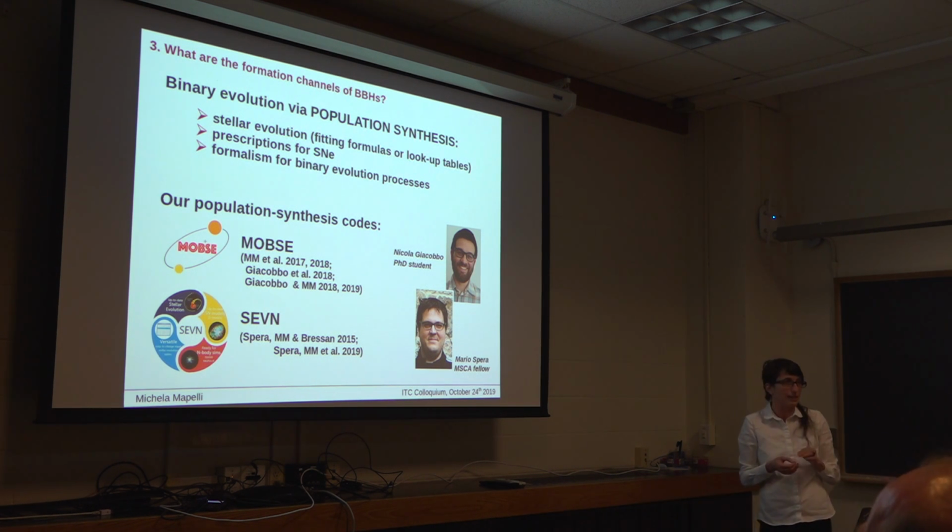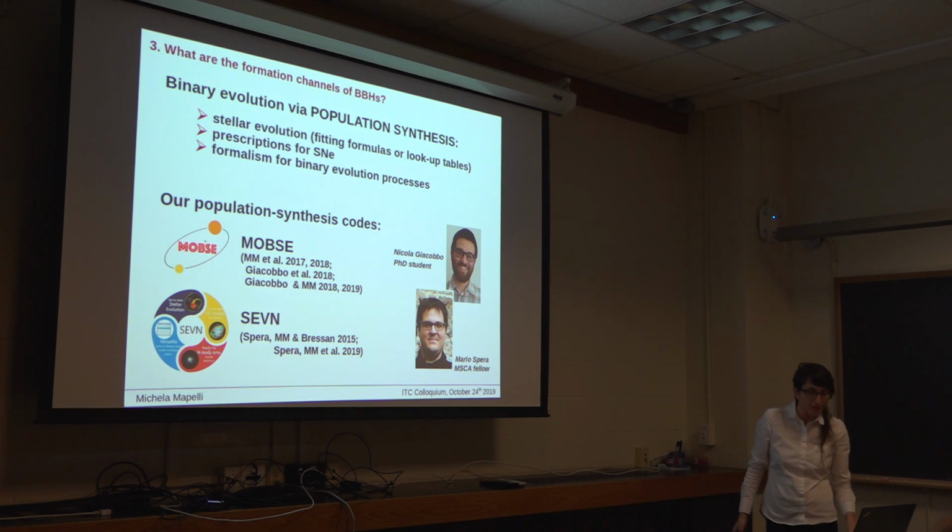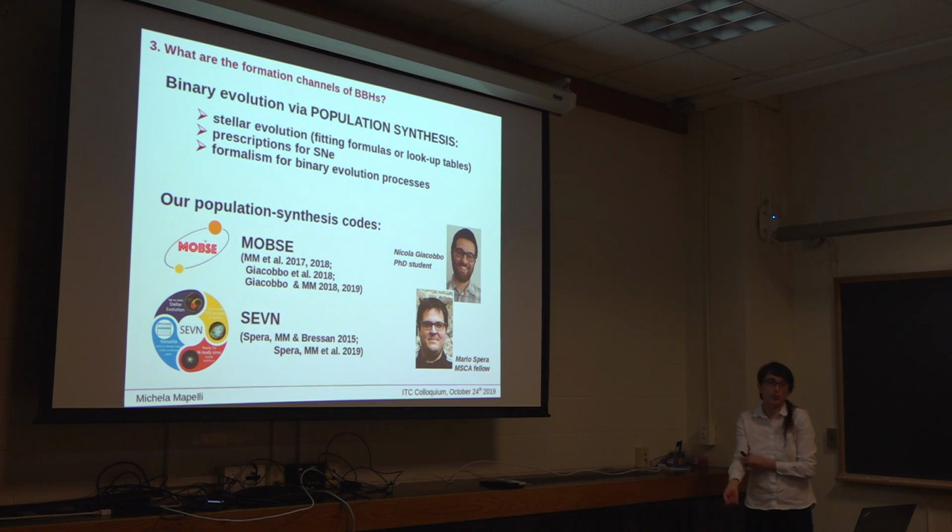If you are interested in a large statistical sample, then what you want to do is to use some approximation. And this is what we do with the so-called binary population synthesis codes. This is basically what we do in our group. We develop and we use population synthesis codes.